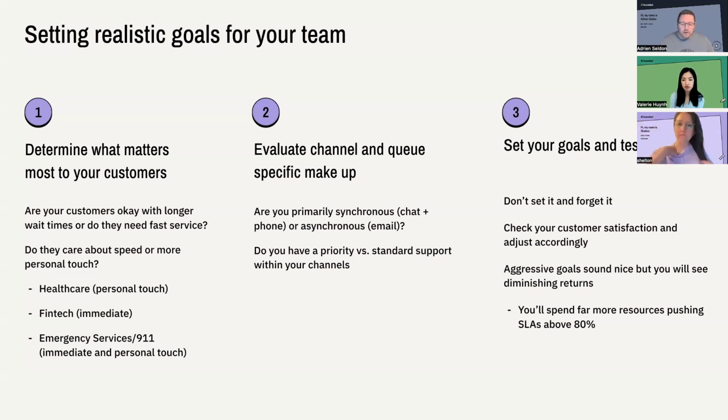And then you have your standard calls, or maybe your general ones, and you can have a longer SLA there. You probably have a lot more of that volume. Just make sure you're looking at it and adjusting per each channel, per each queue. And then set your goals and test them. I've thrown around the 80% in 40 seconds. That's what we used at T-Mobile for a lot of the channels.